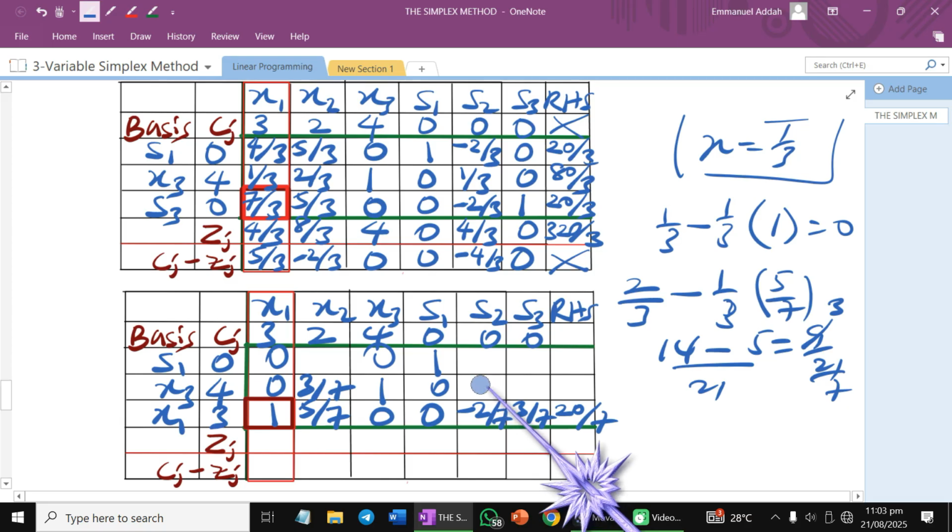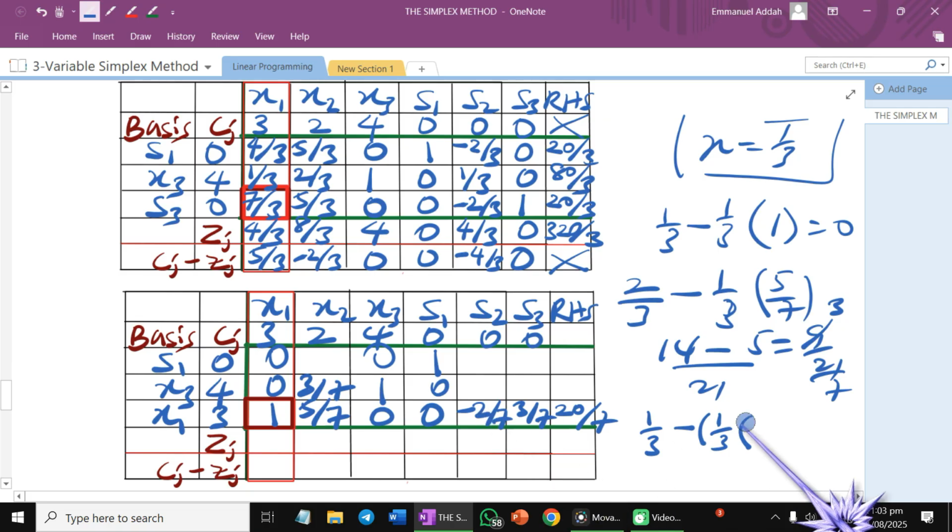And you come here now, come to this point. What is the old value there? It's 1 over 3. So you have 1 over 3 minus our X. What's our X? Our X, this row, is 1 over 3, into the new value here, this one, minus 2 over 7.